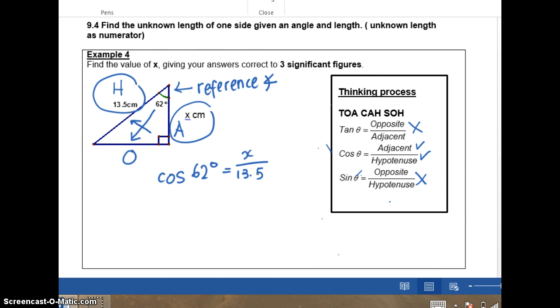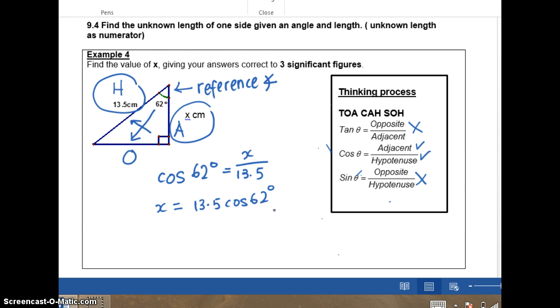We will multiply 13.5 on both sides. Always remember to label the units for degrees, and we always put length in front of cosine because we want to differentiate between angles and length. If we were to put 13.5 behind, it would be very confusing.